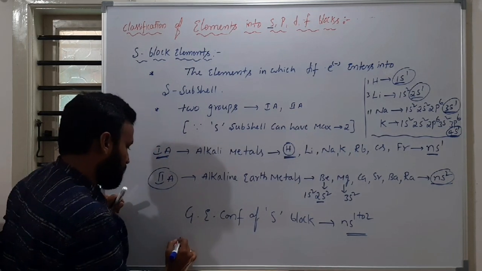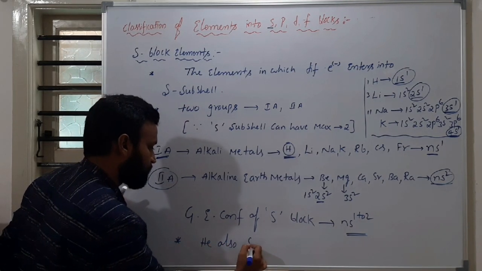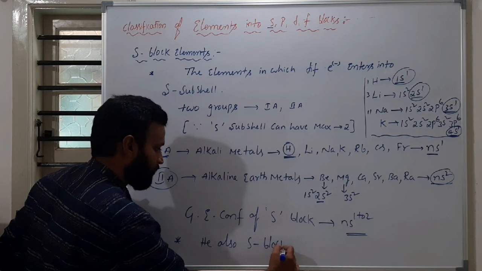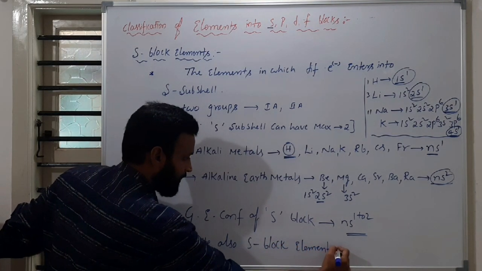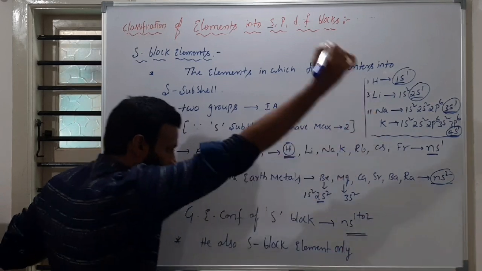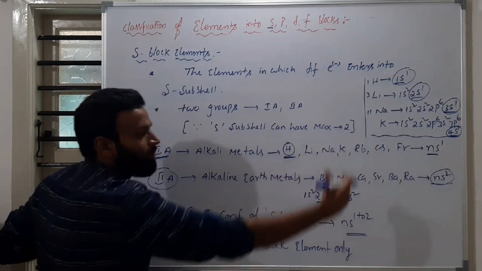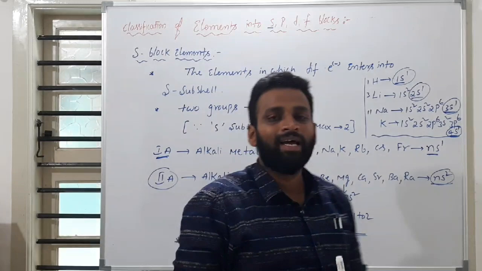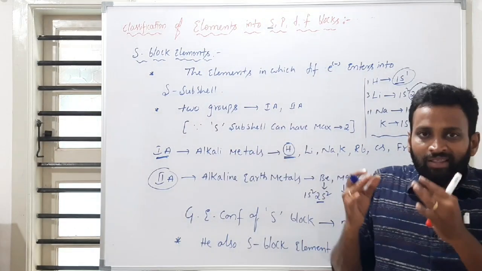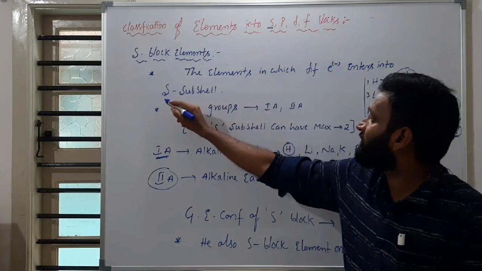And here one more thing is that helium is also an s block element only. But in the periodic table you wrote helium on the right side, along with noble gases. Yes, but in helium the differentiating electron enters into the s subshell.